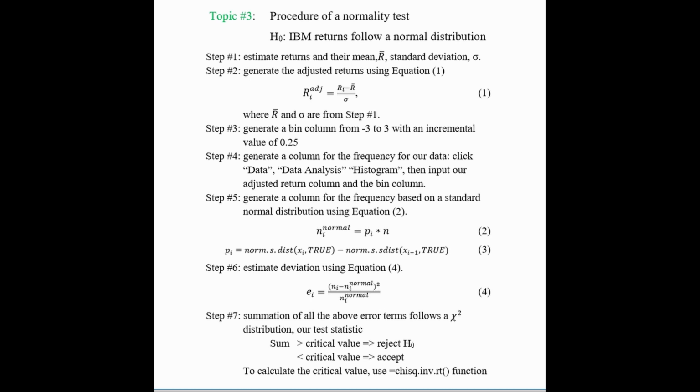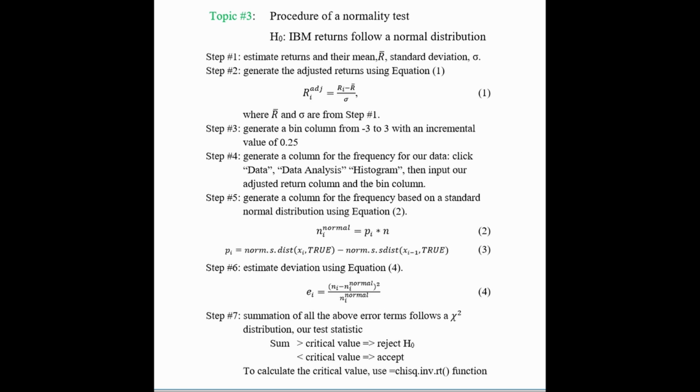For Pi, we apply NORM.S.DIST. So this is the cumulative standard normal distribution. The difference will be the probability inside this specific bin. Step 6, estimate the deviation using equation 4.